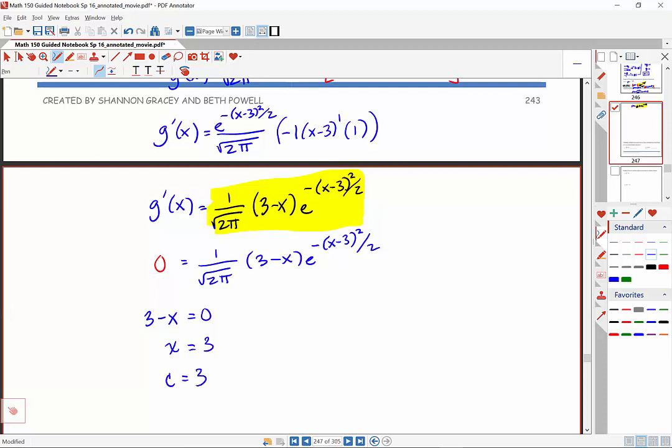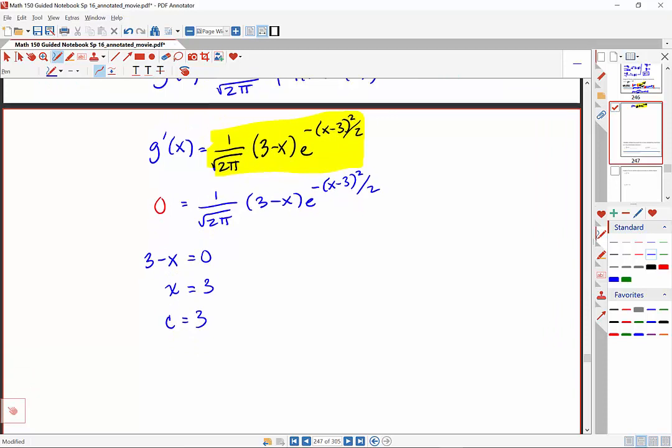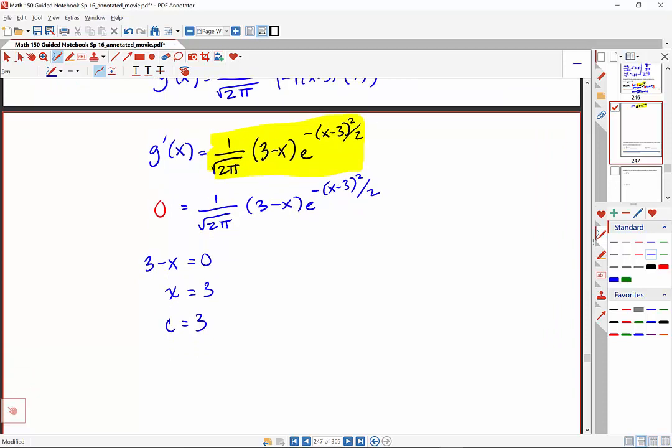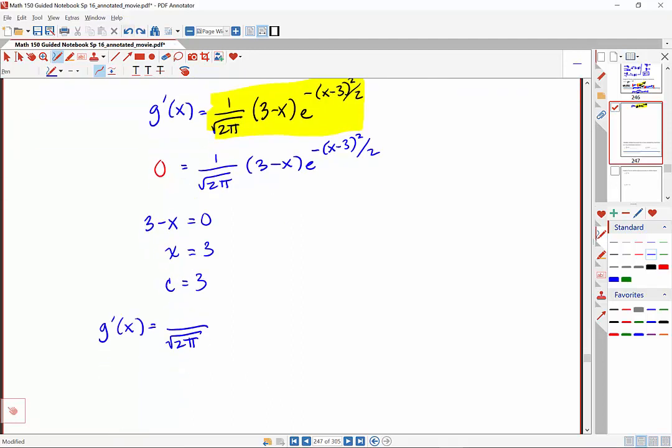our c, is 3. Now, since we have g prime of x right here, let's go ahead and find g double prime of x. So g prime of x, I'll rewrite it like this: 1 over root 2 pi, e to the negative x minus 3 squared over 2, times 3 minus x.